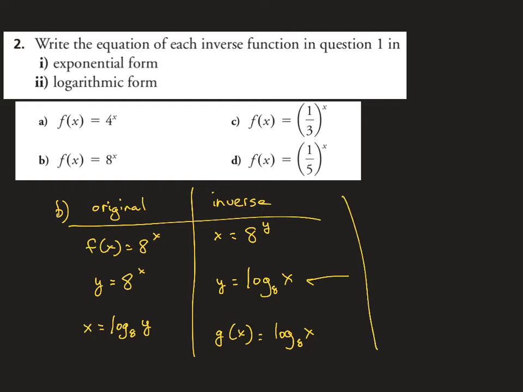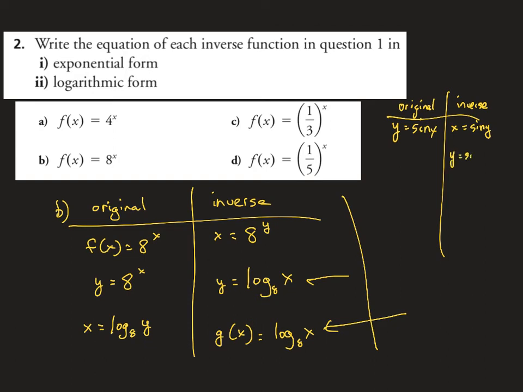I keep saying this is allowed just because it is a function. I want to differentiate from what we used to do. If I did y equals sine x and I asked you to find the inverse, that would be x equals sine y, or we could say y equals the sine inverse of x.